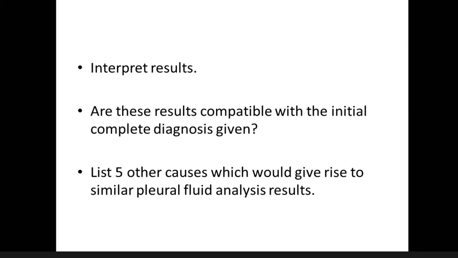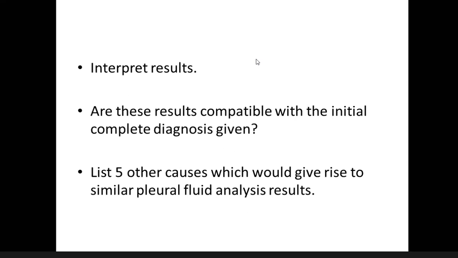So what are the causes which would give rise to transudative type pleural effusions? Causes for transudative type pleural effusion. Heart failure. Okay, congestive cardiac failure. Cirrhosis and nephrotic syndrome.